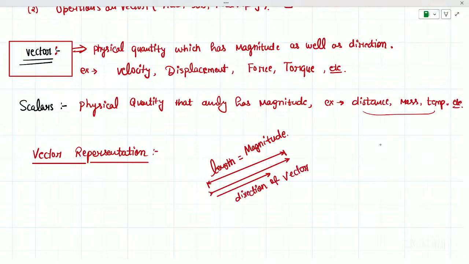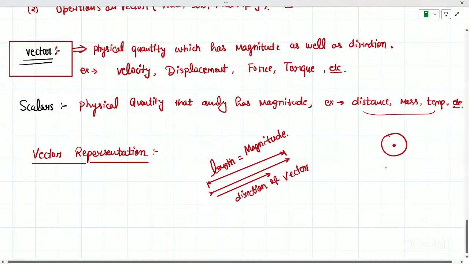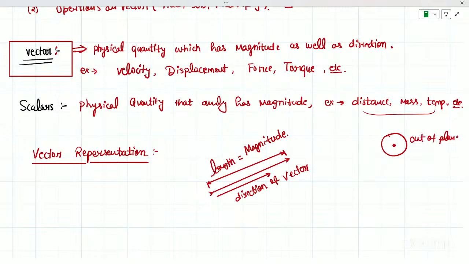So when a vector is coming out of this plane, only the dot of the arrow we will see, the nip. So we will represent that quantity as a dot. But when the arrow is going into the plane, we will see the tail like this. Got it? That's why this is for out of the plane and this is for into the plane.